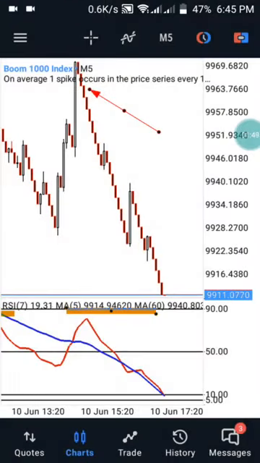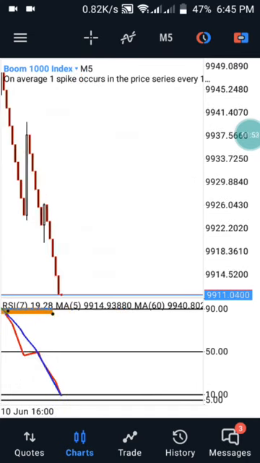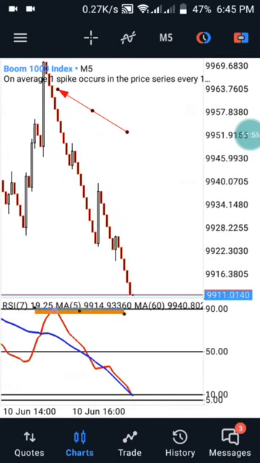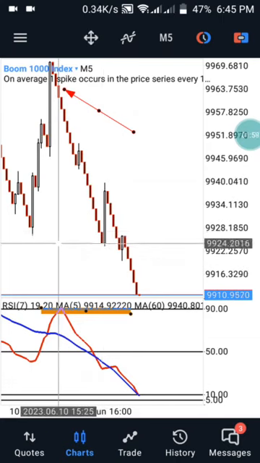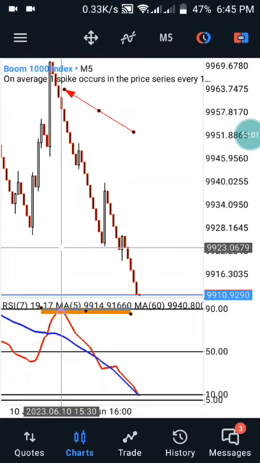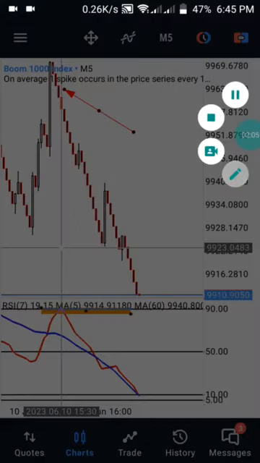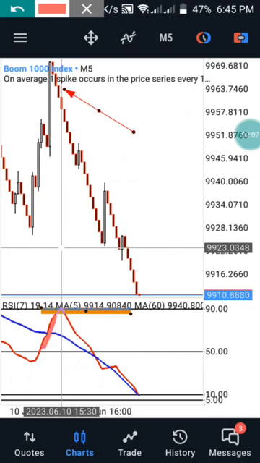Let me show you the reason why we need to take this confirmation. At this particular time, it's respecting our level at this area. I told you that we have two moving averages on our main chart, in our settings, which are the red one and the blue one.